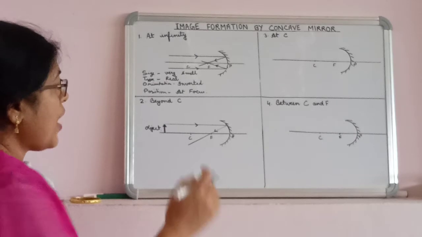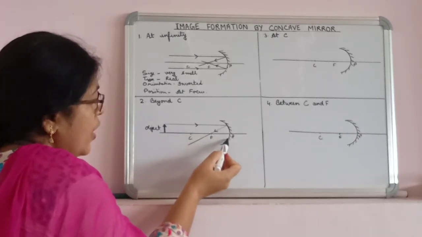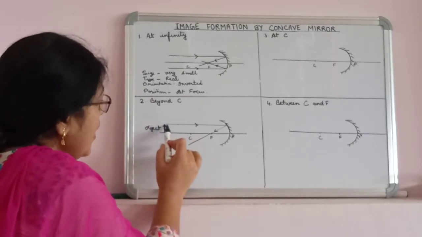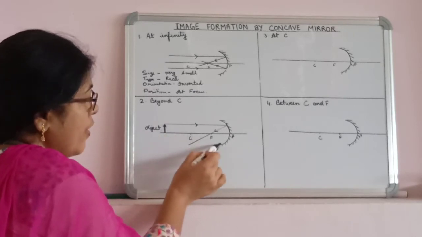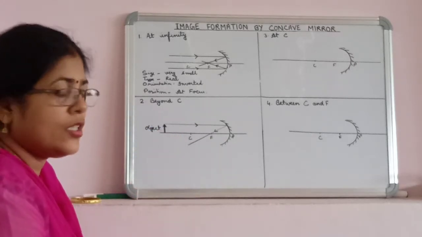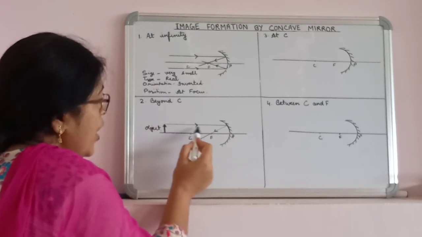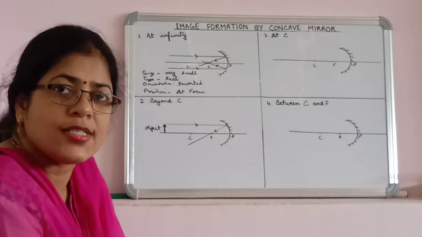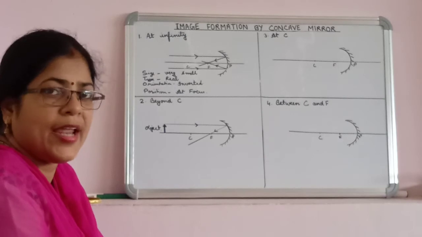So we can apply either the incident ray going through the focus and becoming parallel to the principal axis, or we can apply that the ray of light passing through the center of curvature is just reflecting, retracing the same path, or we can apply the special ray which is falling on the pole and reflecting by making the same angle as the incident ray with the principal axis. So we are going to apply any one.